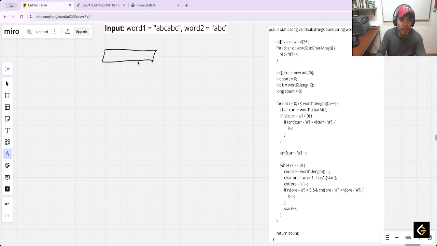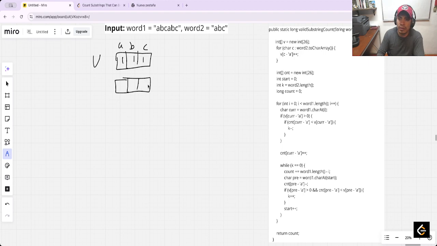In this case only with 3 because we only have A, B, C, and this is array B, basically mapping these values. Now a new one, I think that is counter, initialized to zeros, and K is equal to the length of word 2. With this we know how many elements we need to disappear.